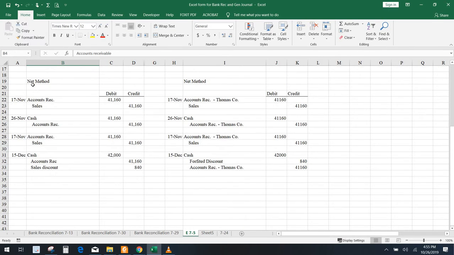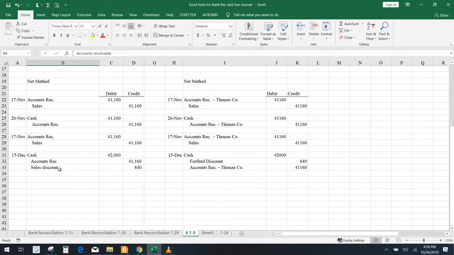Okay, and then we go down here to the net method. Accounts receivable 41,160, sales 41,160, cash 41,160, accounts receivable 41,160, and then we have accounts receivable 41,160, sales 41,160, and this is cash 42,000, accounts receivable.